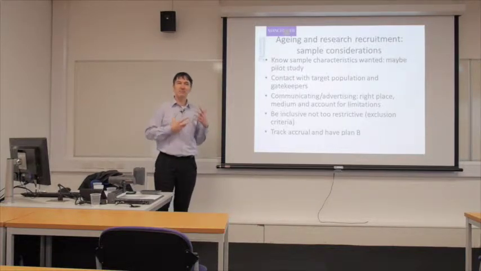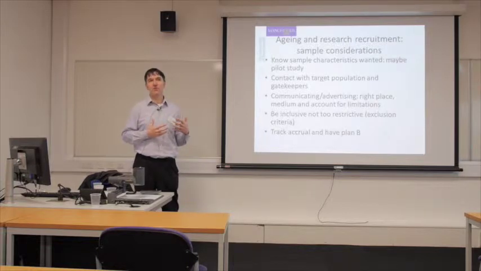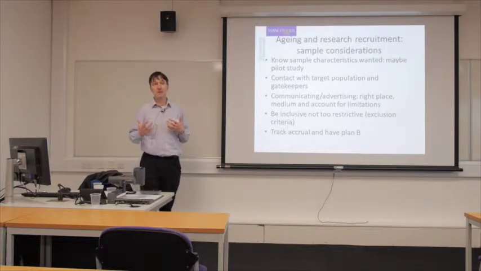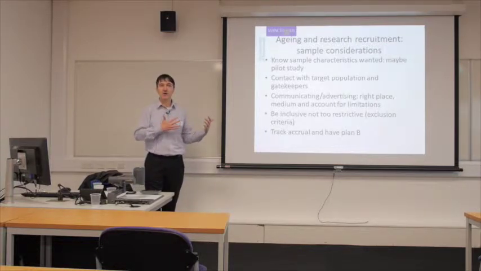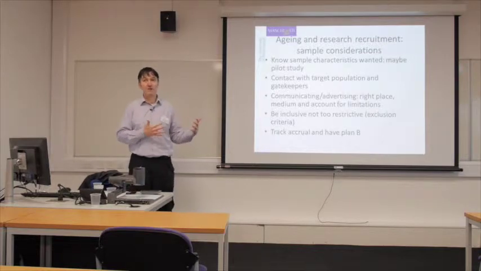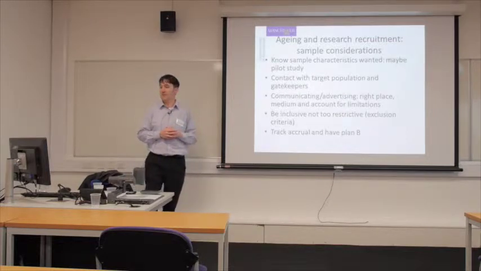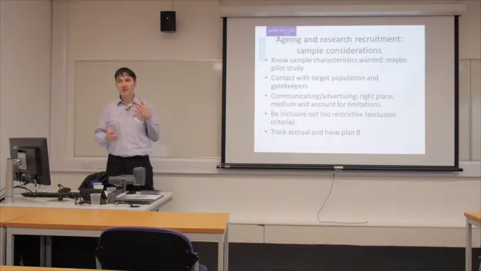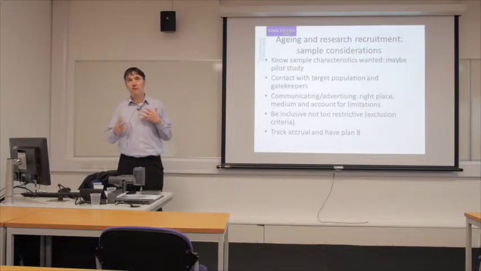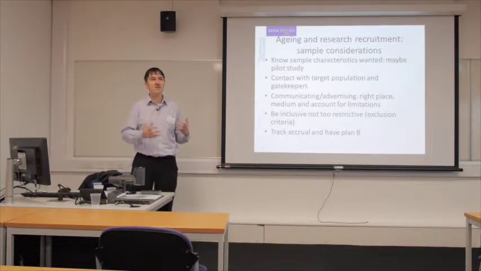In ageing research, it's particularly important to track accrual and have a plan B, because often if you don't track accrual quite real time, you will find yourself coming to the end of study with quite disappointingly sized samples. And you've got to have modifiable strategies to let you get to sample size.